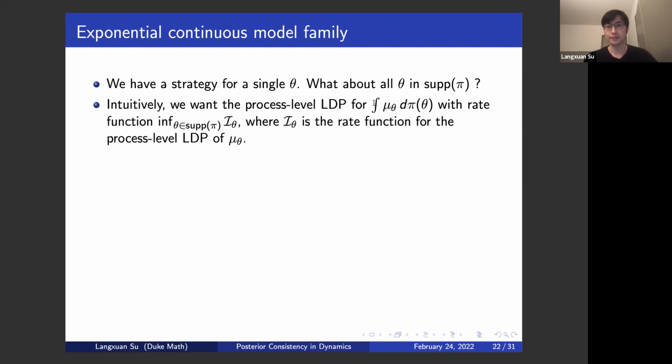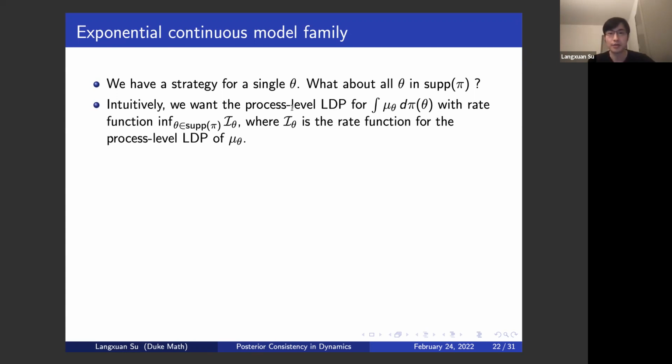Now we are considering a mixture of this model family with mu theta, mixed by any measure pi, right? Then we also want to minimize the right-hand side over all the parameters in the support of pi.